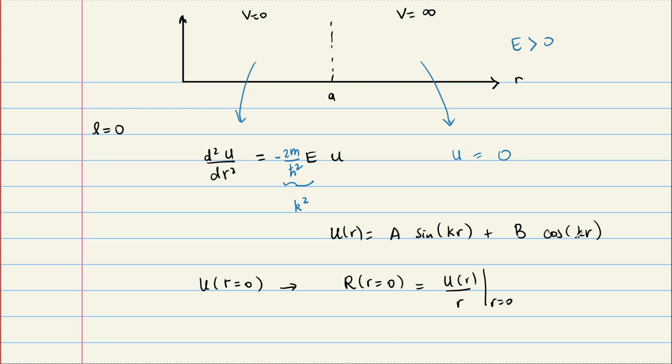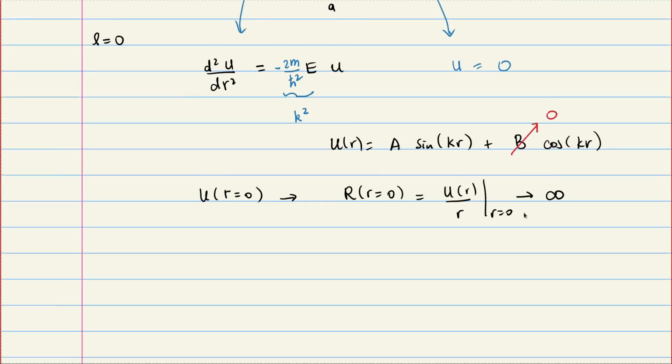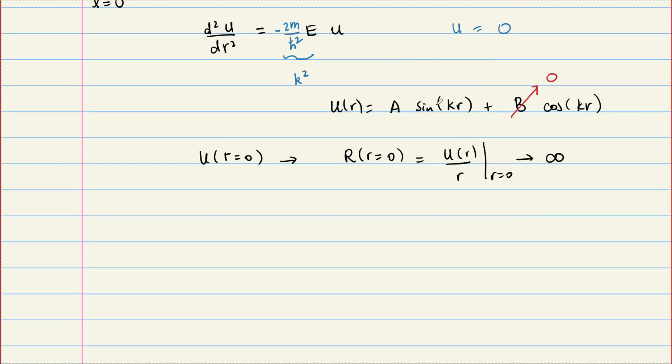If I take the cosine term, this is going to blow up, because cosine at 0 is 1, and 1 over 0 blows up. So I'll just take B to be 0.